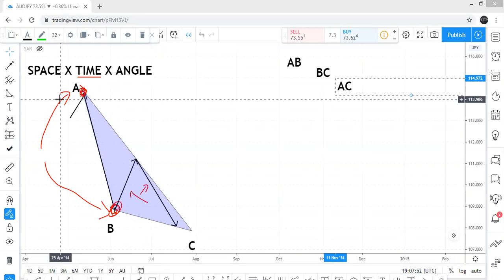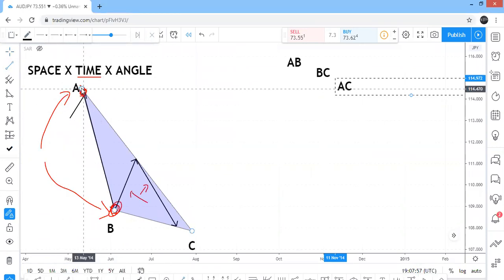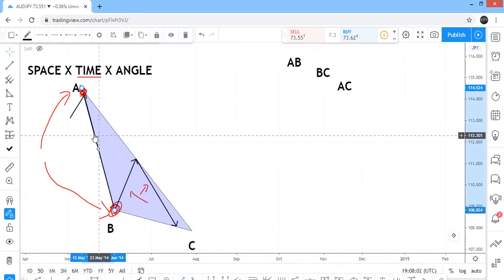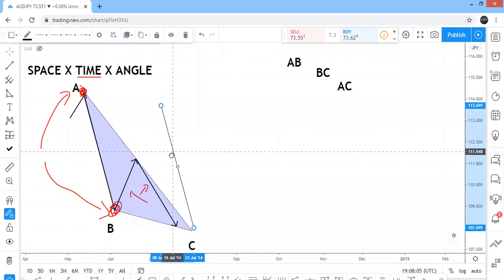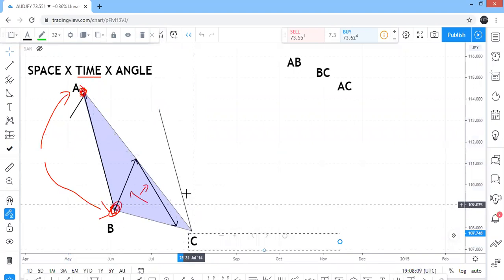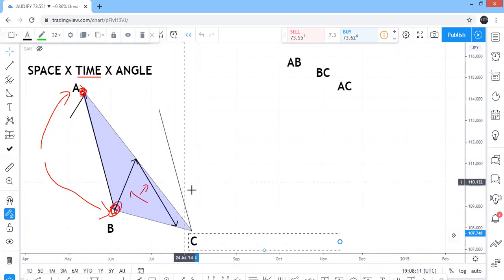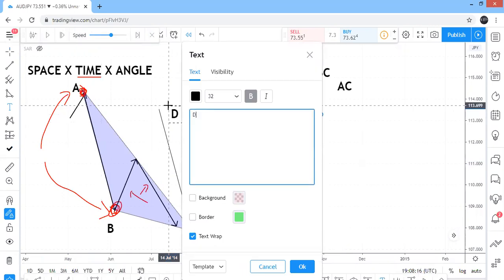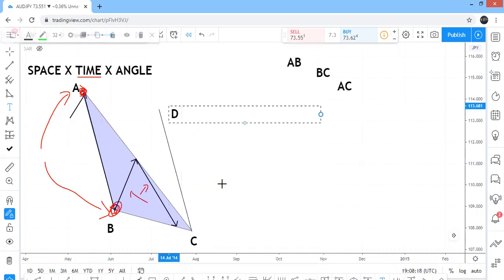Okay, so how do we get our third side of the rhombus? What we do is we copy the distance between A and B, and we move that distance over to where C is. So now we have a new starting point of C, and now it's led us to form a third side, and that third side completion is called D. So what do we have over here?